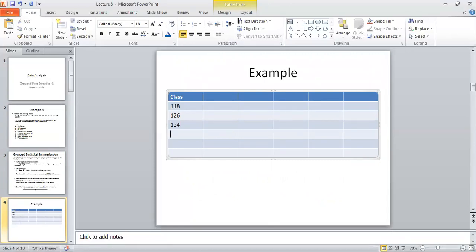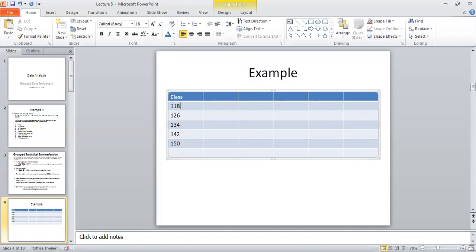Then 134 plus 8, that is 142, is going to become the lower limit of the fourth class. Then 142 plus 8, that is 150, is going to become the lower limit of the fifth class. And we are done with the classes, because earlier we had determined that in all we can have 5 classes in our data set from the calculations that we did.